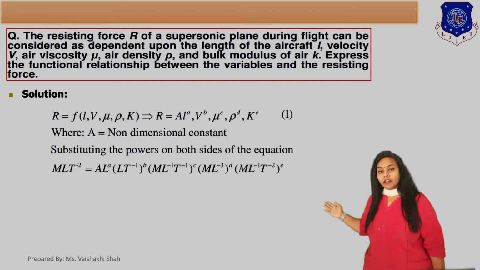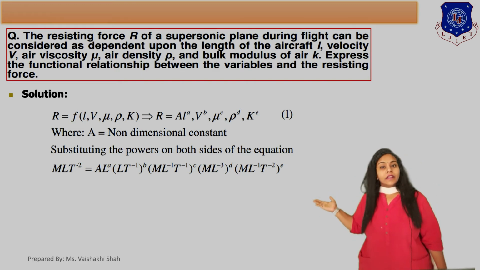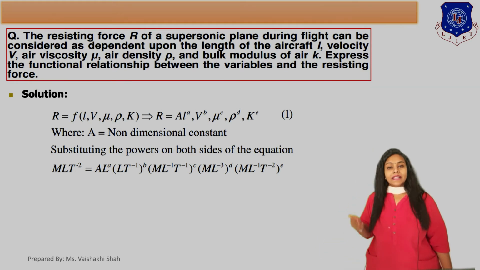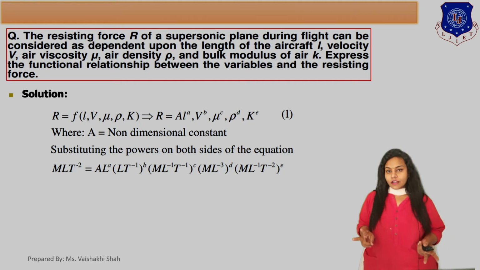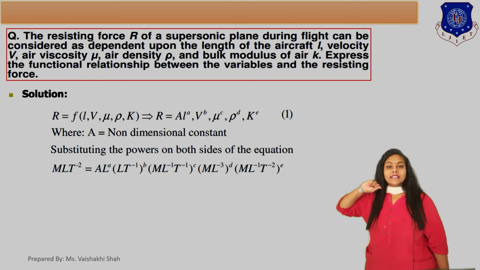So this we already discussed in our last session, the MLT form of different quantities. Now here we apply the MLT dimensions on both sides of the equation. So first of all, on the left hand side there is R.